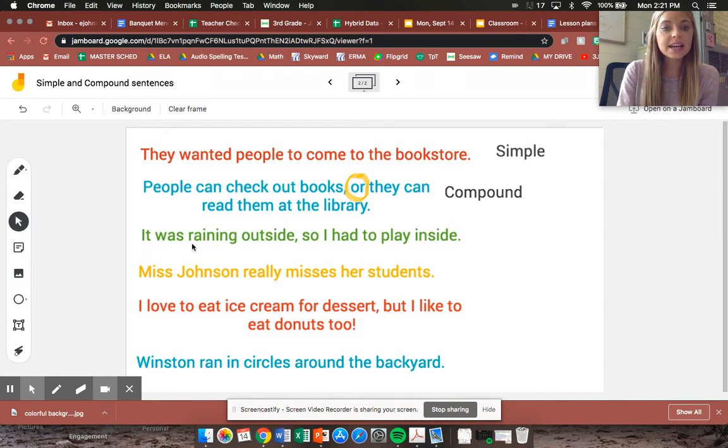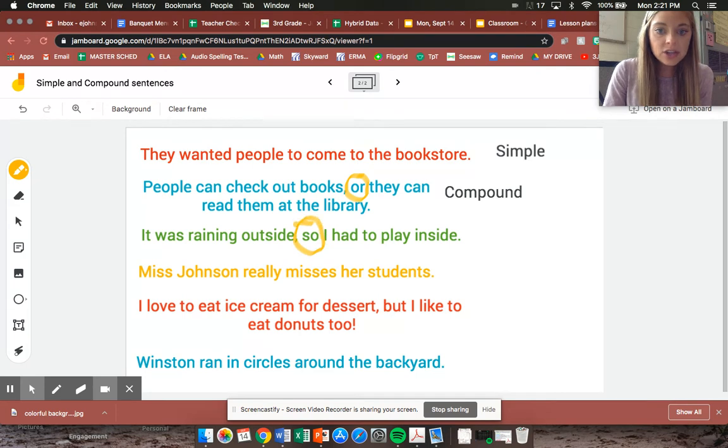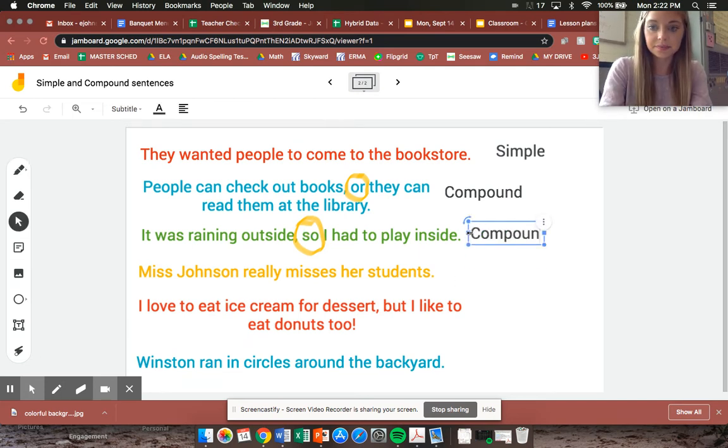Yes, it does. So is our combining word. That's our conjunction. It was raining outside. I had to play inside. They're joined together to be one sentence by the word so. So this is a compound sentence.